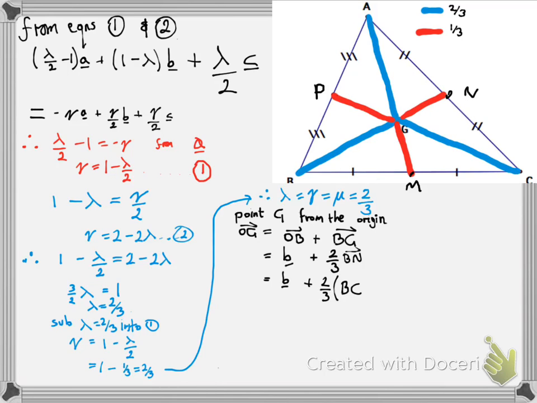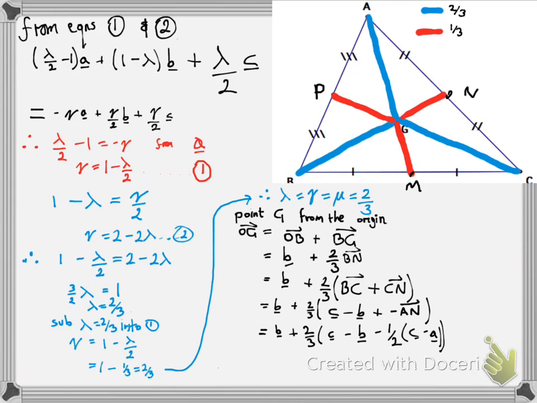And we know what BN is. BN is the same as going from B to C, and then from C up to N. Now CN is a half segment. It's like a midpoint segment. Okay, there we go. CN, well, that's going the other direction.